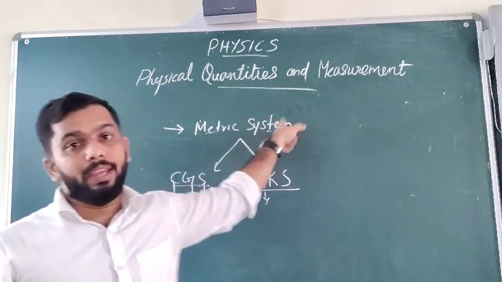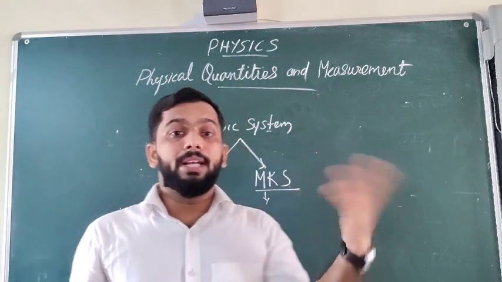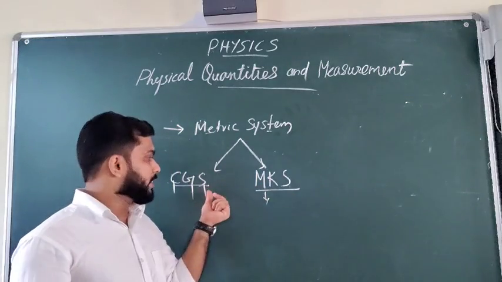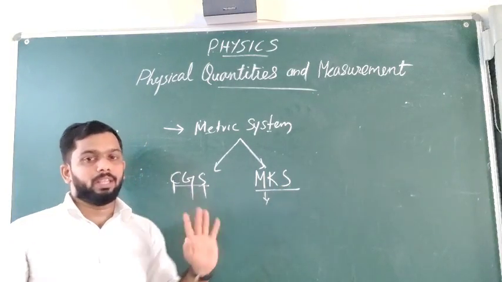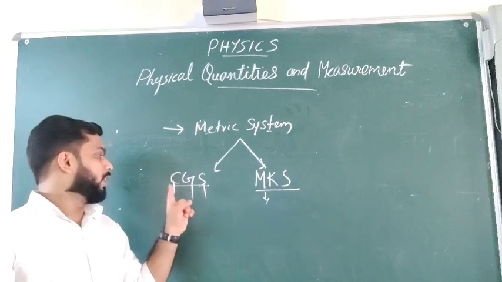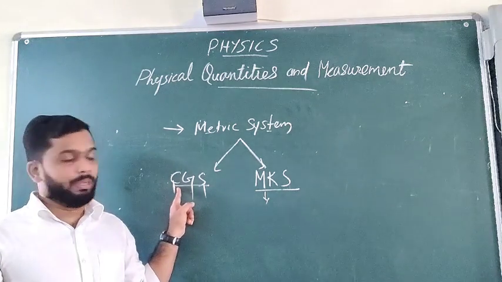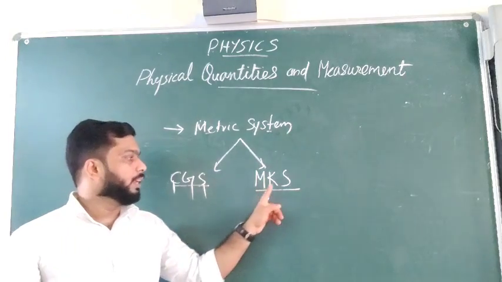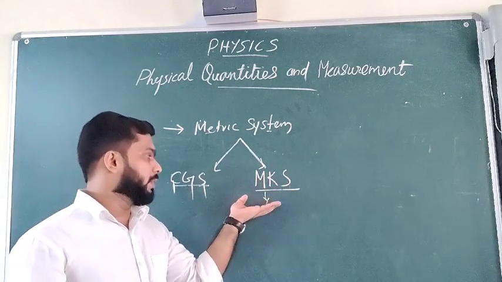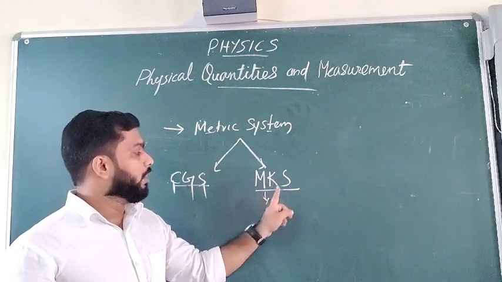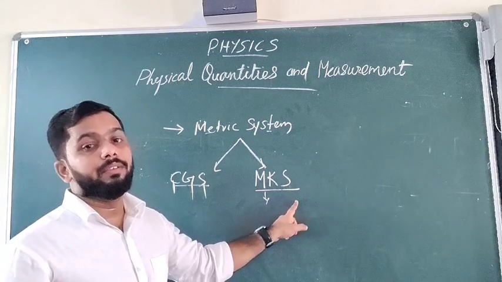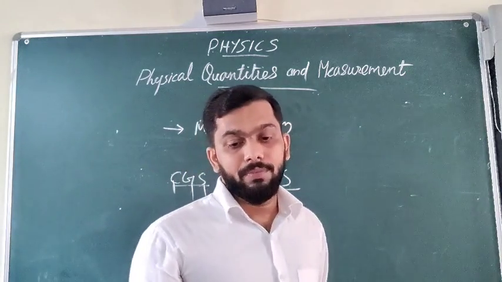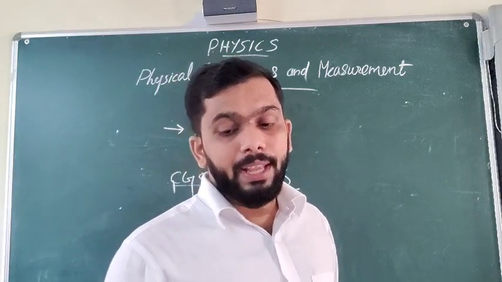As time went on, the scientists again divided this metric system into two, the CGS system and the MKS system. Very simple. In the CGS system, they measured length in centimeters, mass in grams, and time in seconds. And in the MKS system, length in meters, mass in kilograms, and time in seconds.